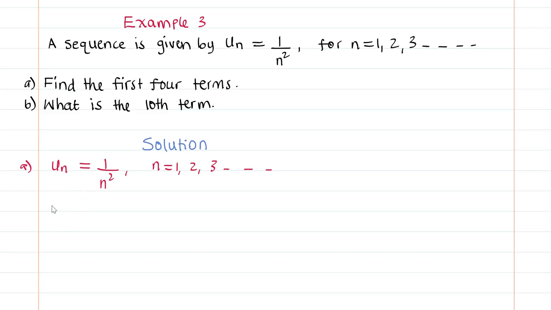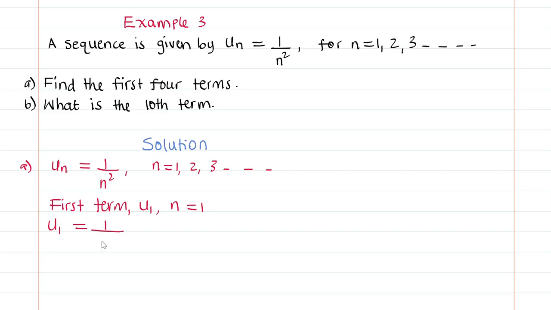So for the first term, where n is 1, we shall simply say the first term u1 equals 1 out of n squared. What is n? Our n is 1 in this case.